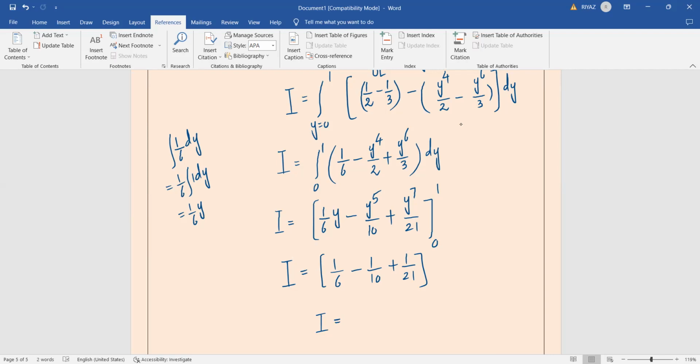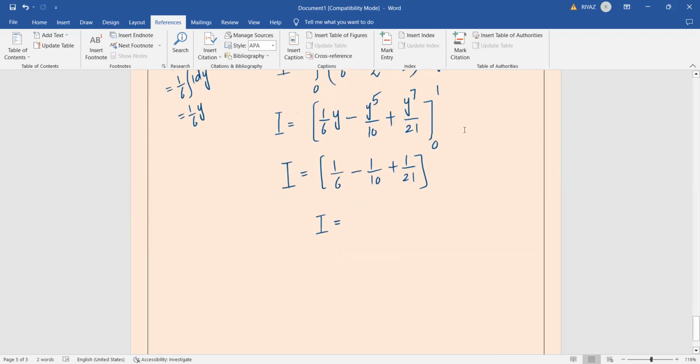I forgot to tell you: every time the answer of integration should be in fraction form only. So it should always be in fraction form.